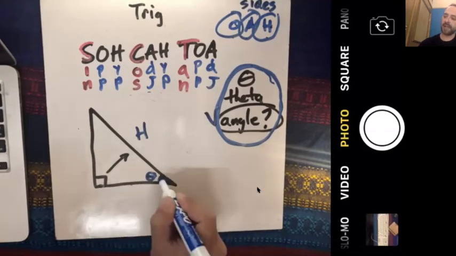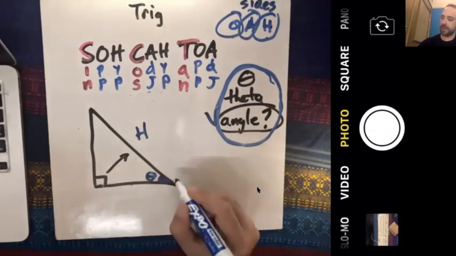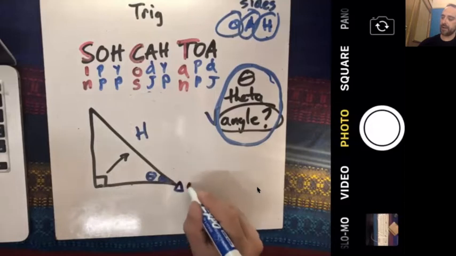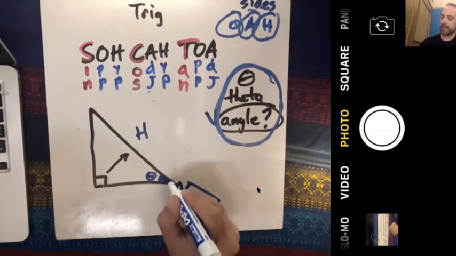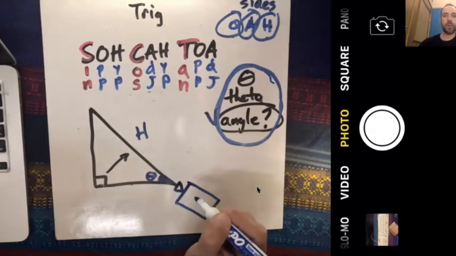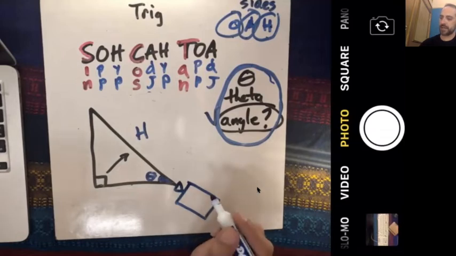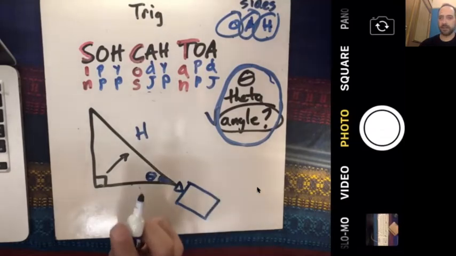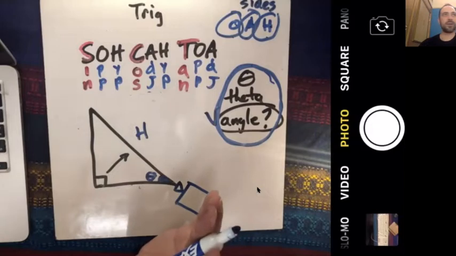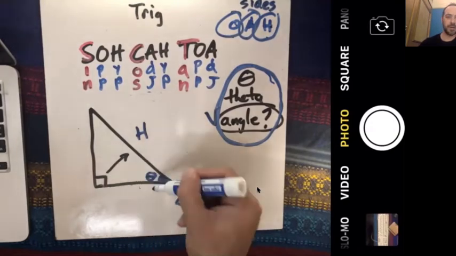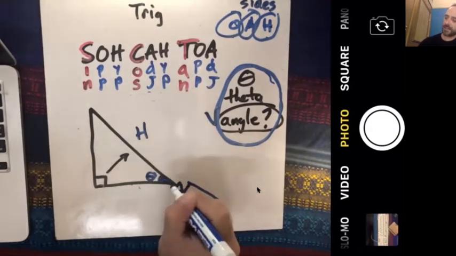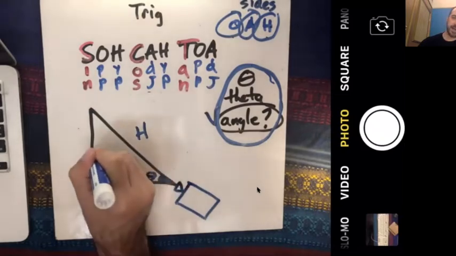No. Think of it this way. I like to teach it this way. If you had a projector at the vertex of our theta, where is the projector going to project? The projector will always project on the opposite side. Doesn't that make sense? If you're standing in a corner, you have a projector. Is the projector going to somehow magically turn and project on this wall? No. The opposite is always on the opposite side of the triangle.